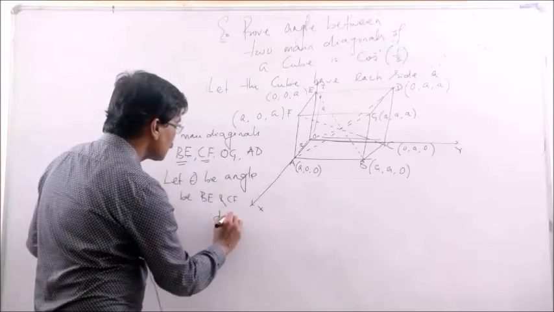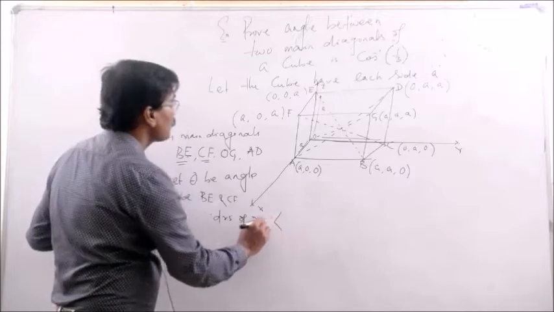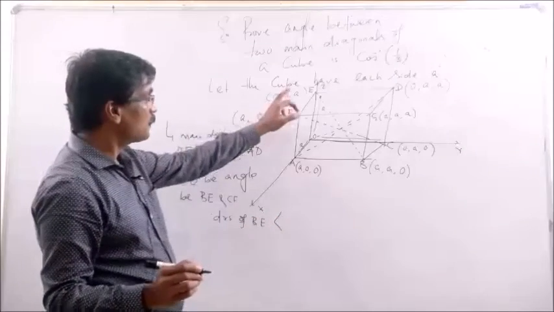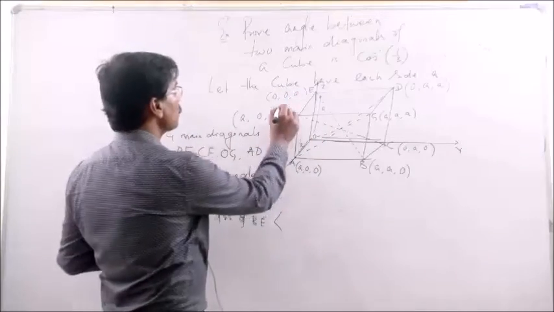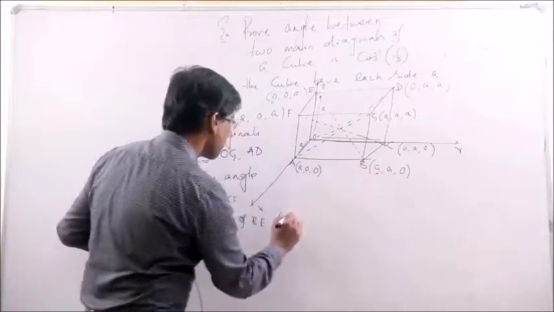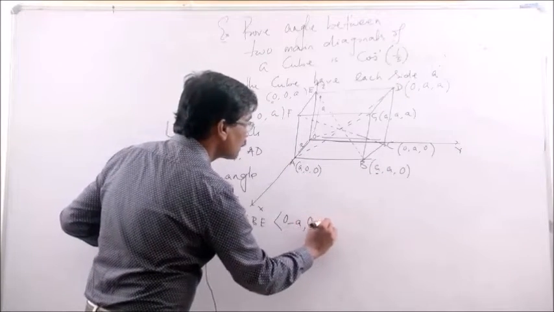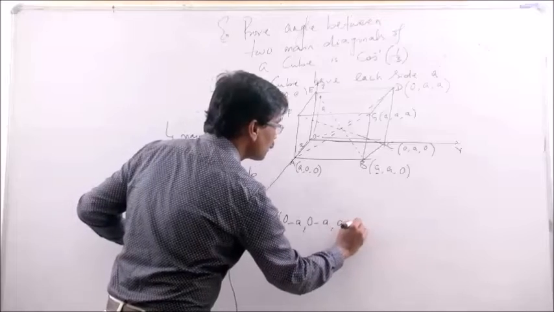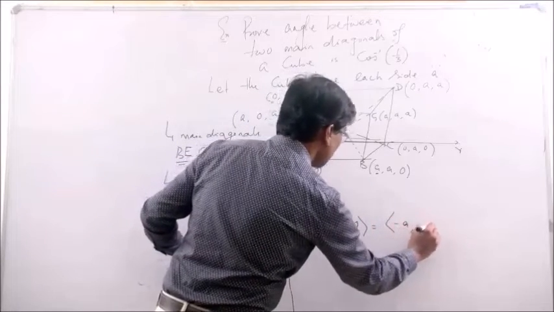Now, what are the direction ratios of BE? We simply subtract the coordinates of B from E, that is 0 minus a, 0 minus a, a minus 0, that is equal to (-a, -a, a).